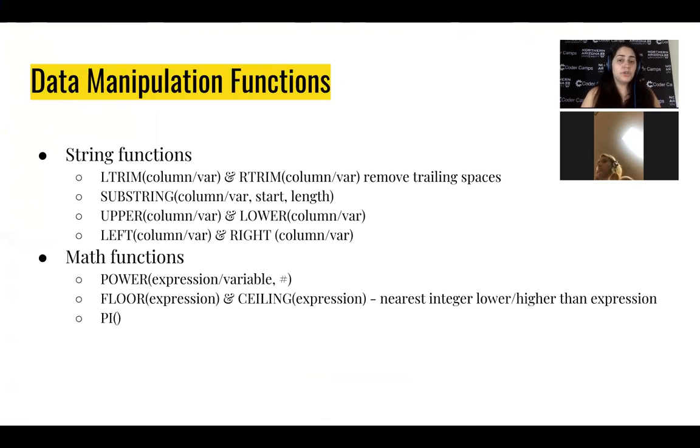Floor is going to return 2 because that's the nearest integer that's lower than the value, while ceiling will give you 3 because that's the nearest integer greater than the value given. And then we have pi, which just returns the value of pi, 3.14. I don't know how many decimals over it goes, but it does return the value of pi.